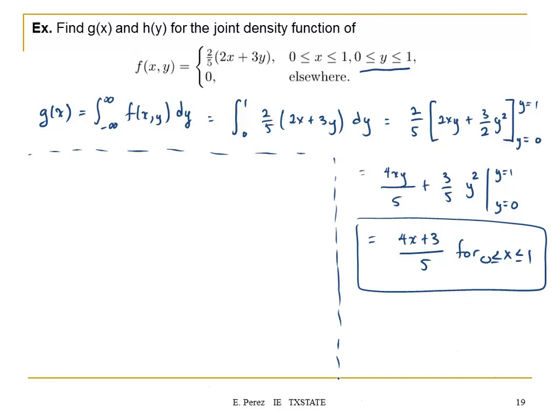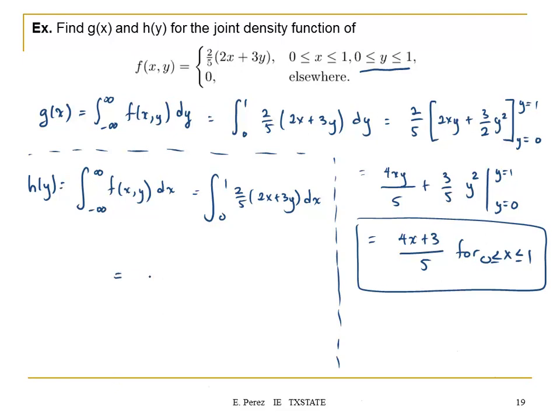We can find also the marginal for y. So in that case, we have h of y equal to the integral from 0 to 1 of 2 over 5 times 2x plus 3y dx.